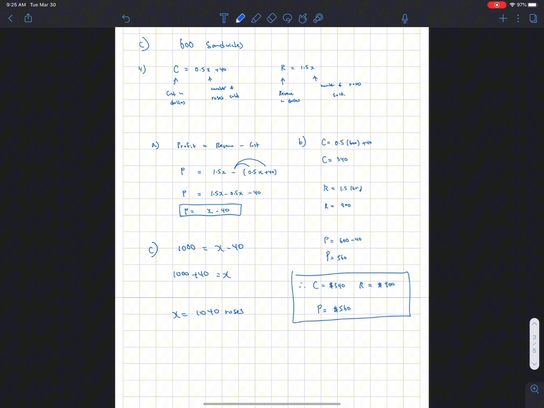And X represents roses. And D. Find R minus C if X equals 1,200. R minus C is P. So profit is going to be X minus 40, and X is 1,200. So we get 1,160. And that's it for question 4.